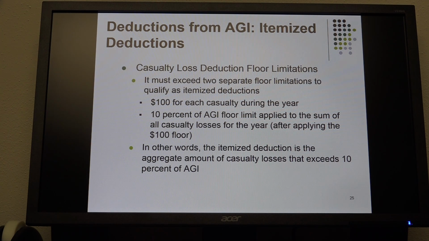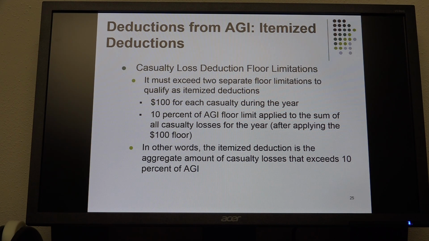And so let's go back to our previous example plus current example. You've got $75,000 AGI, and you've got two casualty losses, one for 5, one for 2.